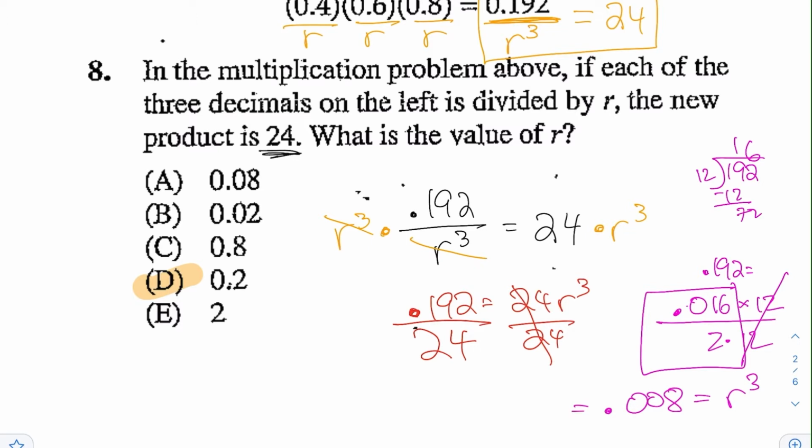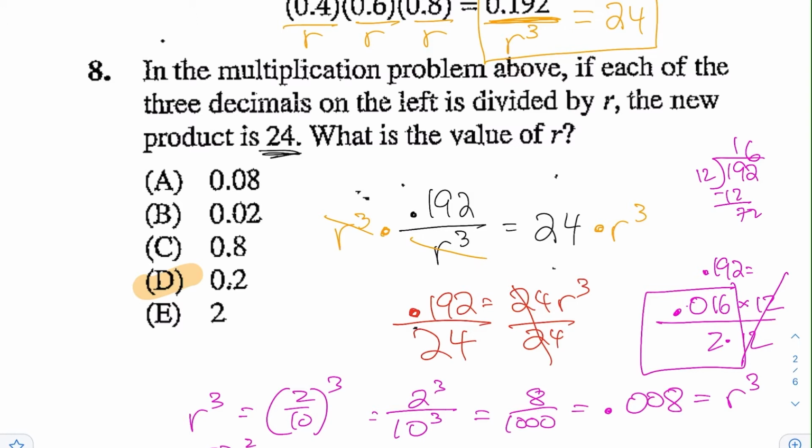Now you can rewrite 0.008 as 8 over 1,000. And this turns out to be a perfect cube, because 8 over 1,000 is 2 cubed over 10 cubed, or 2/10 cubed. So if that's equal to r cubed, you know that r has to be equal to 2/10, or 0.2, which is choice D.